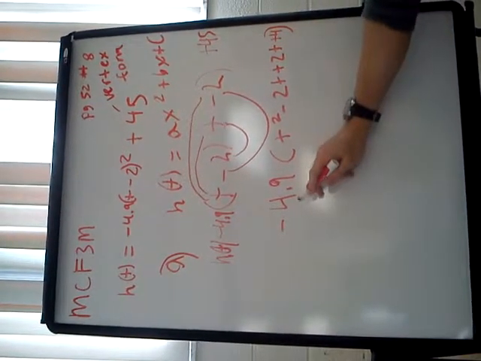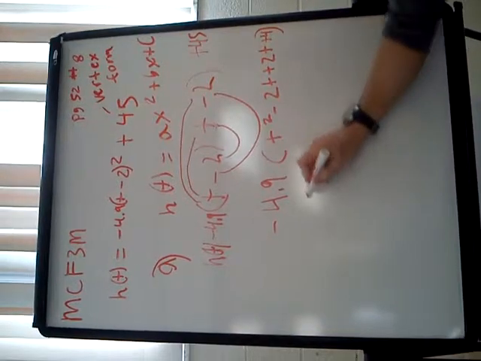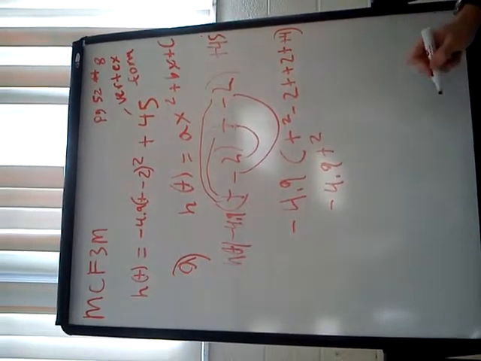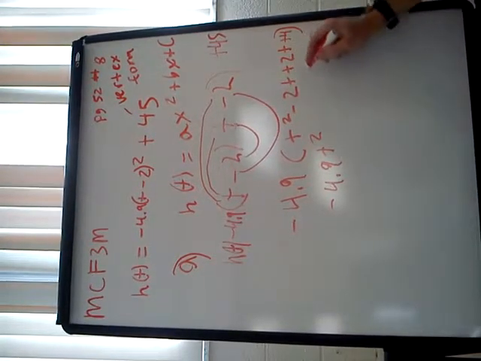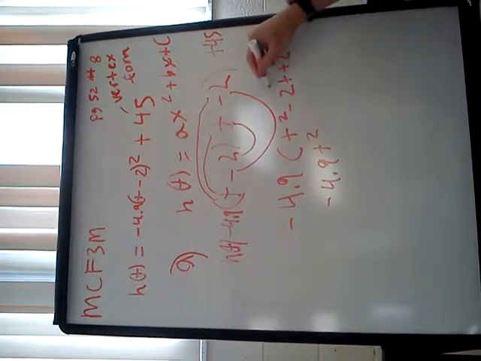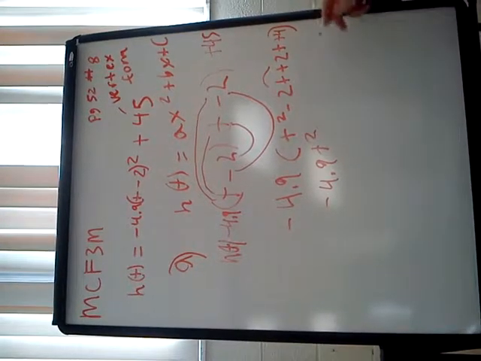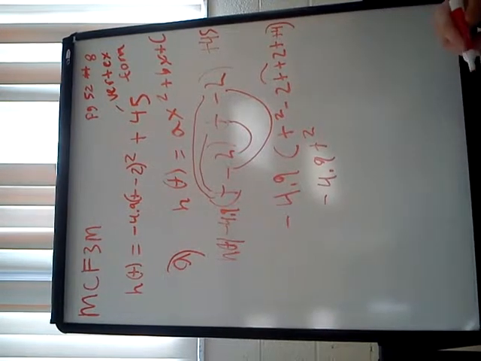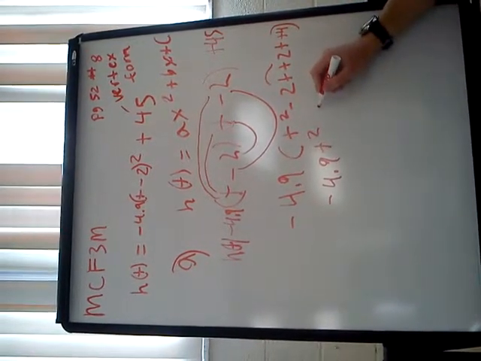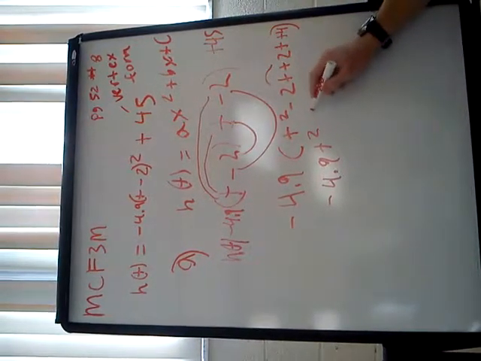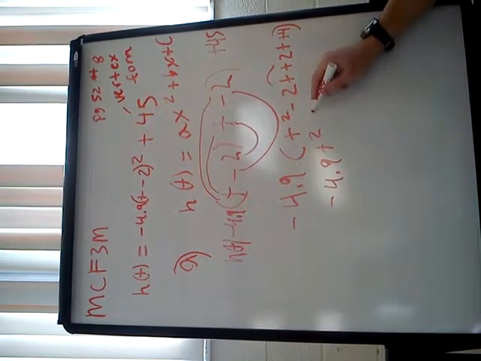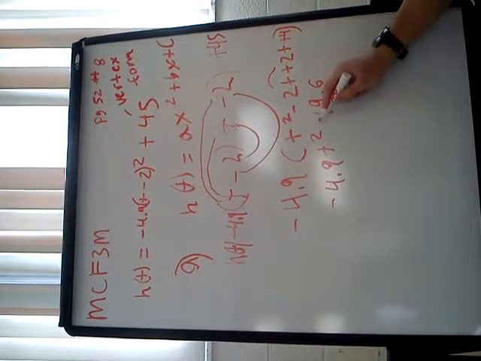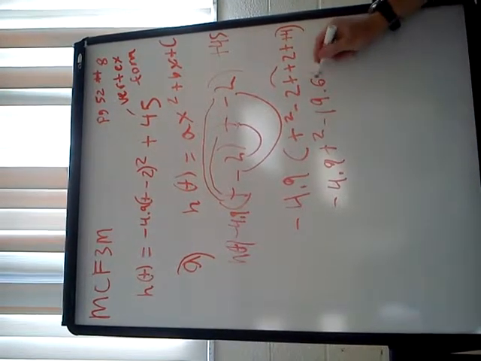Then we're going to multiply -4.9 by t^2 to get -4.9t^2, and then -2t minus 2t equals -4t. -4t multiplied by -4.9 equals +19.6t.